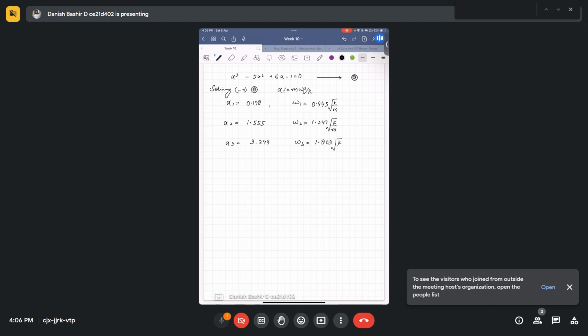Okay, these are the natural frequencies corresponding to the three modes, because we are having a 3 degree of freedom system.